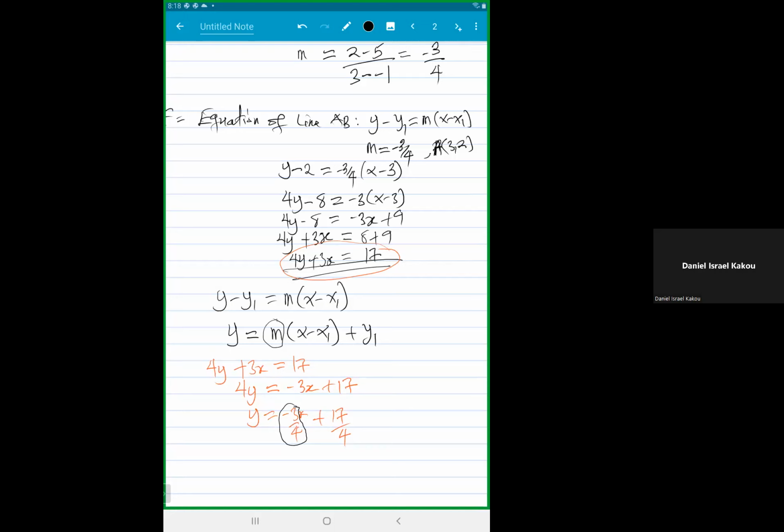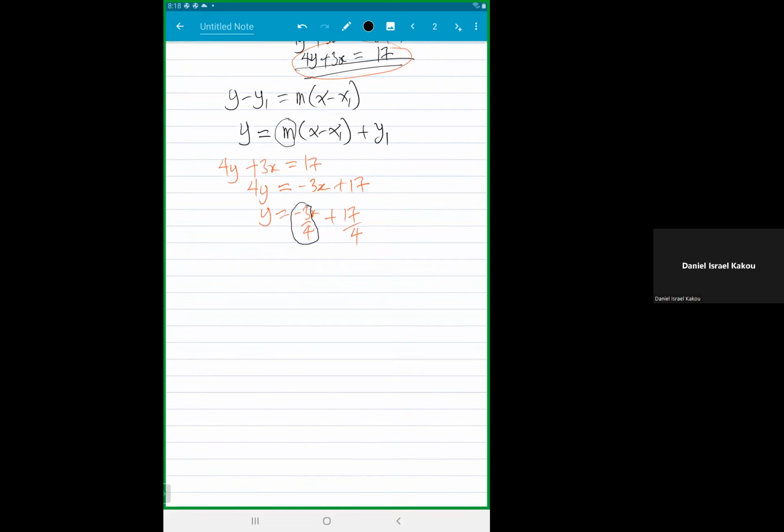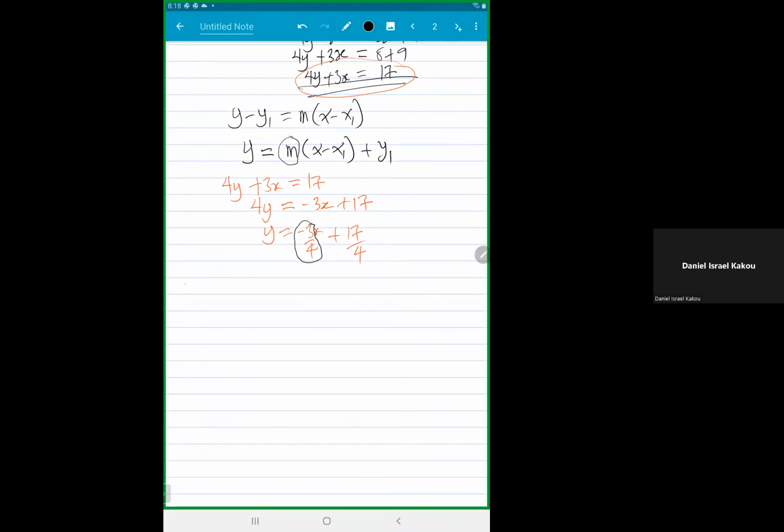All right. The next question we'll ask is, find the equation of the perpendicular bisector. So G, equation of perpendicular bisector, right?